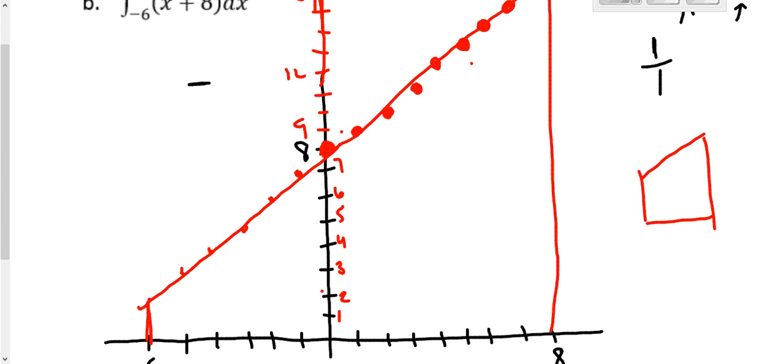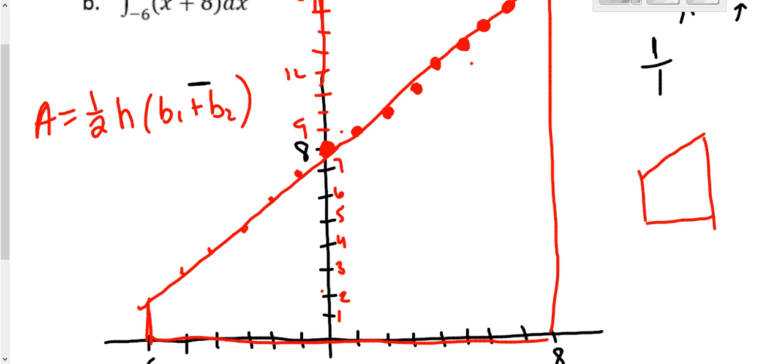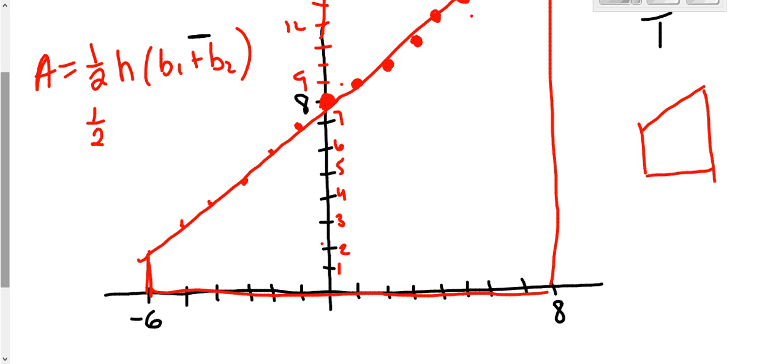So remember, to find the area of a trapezoid is 1/2 height, which in this case is the bottom length, base 1 plus base 2. So 1/2, the height is from -6 to +8. So we'll have 6 here plus 8, so that's a total of 14 in the middle there.